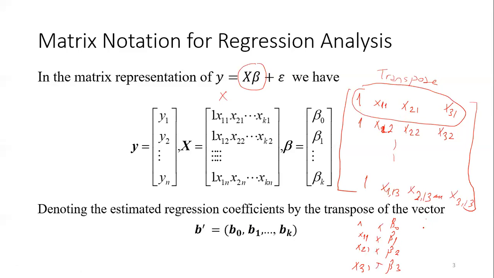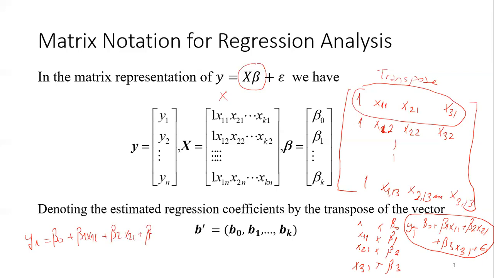In the end, you will have beta 0 plus beta 1 x1,1 plus beta 2 x2,1 plus beta 3 x3,1, and this is equal to y1 minus epsilon 1. Let me write it again: y1 is equal to beta 0 plus beta 1 x1,1 plus beta 2 x2,1 plus beta 3 x3,1, plus epsilon 1.